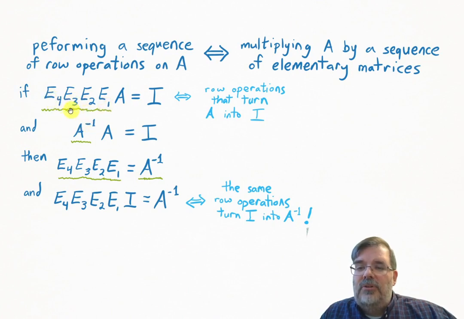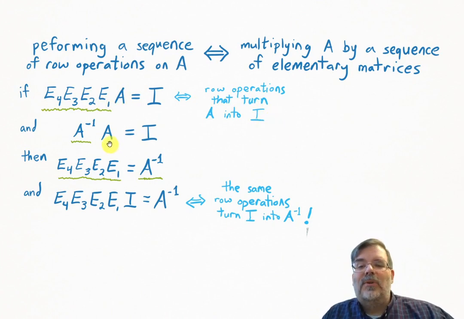And so 4 elementary matrices corresponds to doing 4 row operations. And after applying all of those, the result was the identity matrix. So this equation corresponds to the fact that these 4 row operations turn the matrix A into the identity matrix.